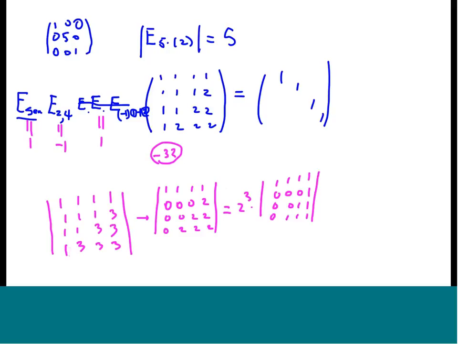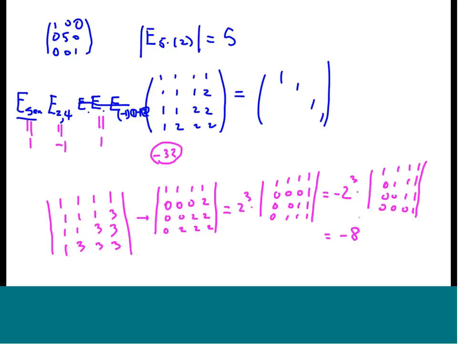Then you can switch the second and the same thing actually. So 2 to the 3 times 1 1 1 1 1 0 1 1 1 0 0 1 1. Okay, so the last one is the 1. So you get 32.